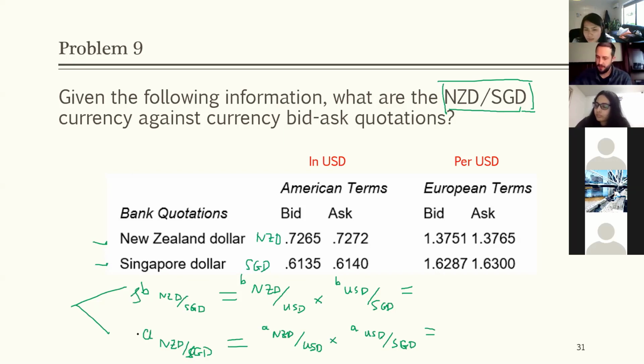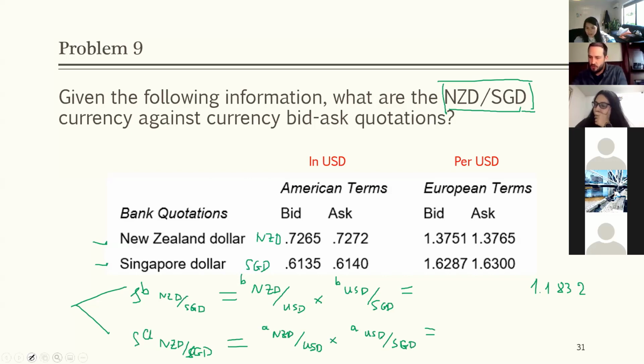Yeah, for B. And can you tell me the second one? Oh, sorry, I think I'm confused now. One sec. Yeah, I think that's the other one. That's the reciprocal. I think I got them backwards, right? Yeah, that's the bid rate reciprocal.